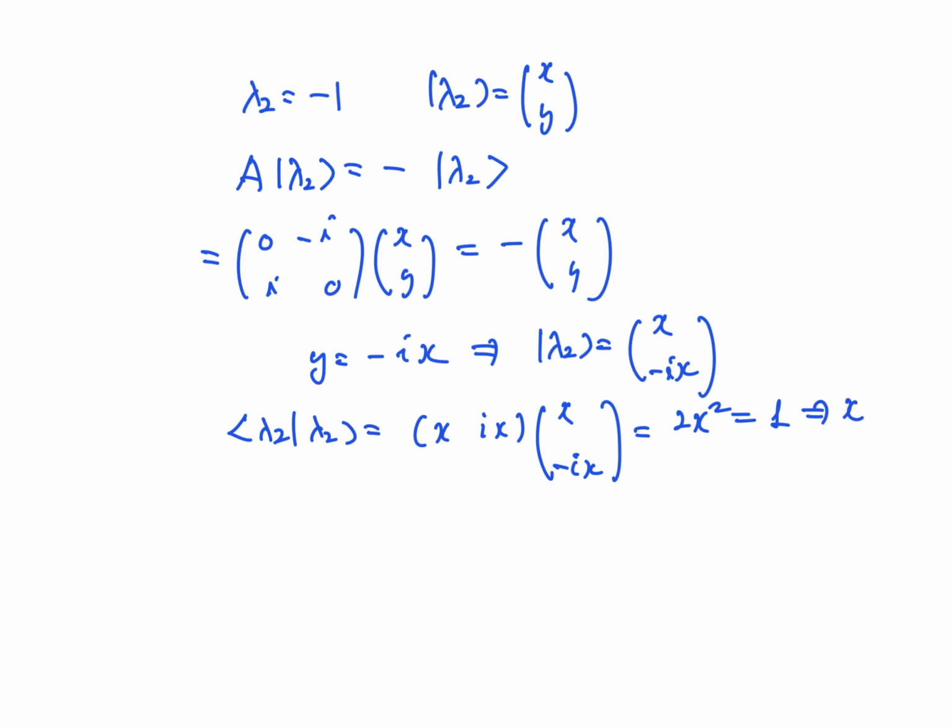So we can set x as 1 over square root of 2. Then lambda 2 is simply 1 over square root of 2, 1 minus i.